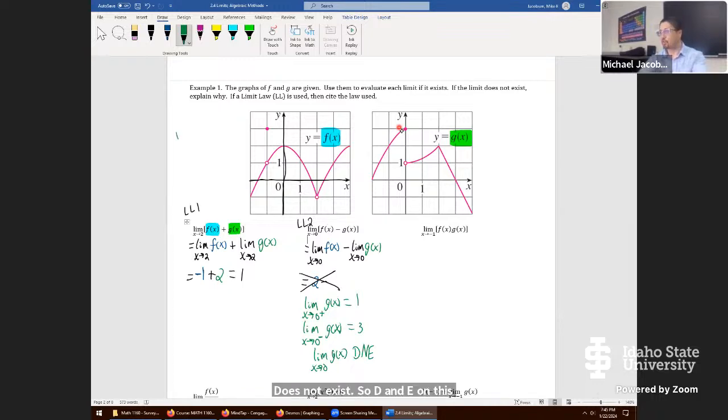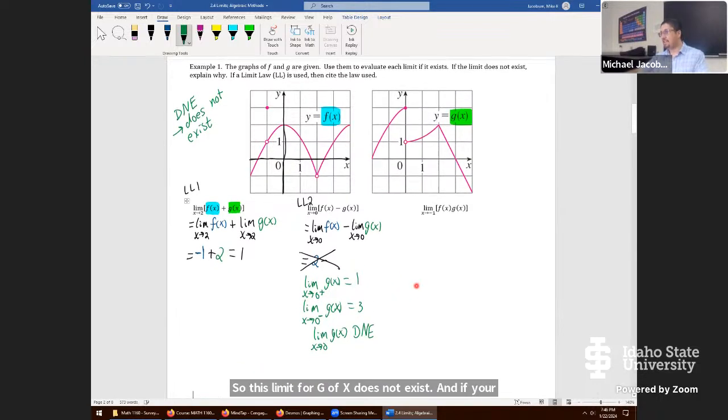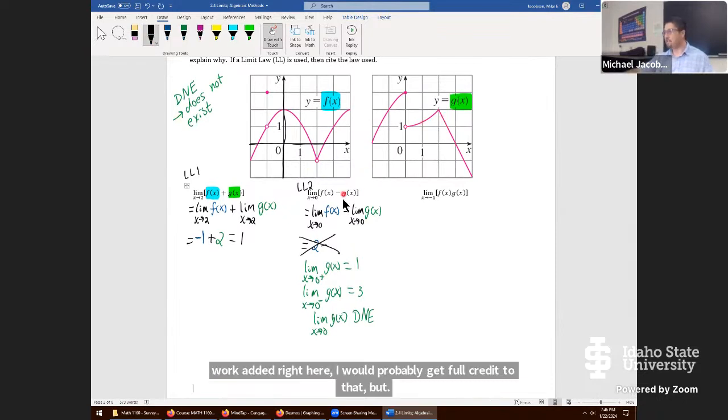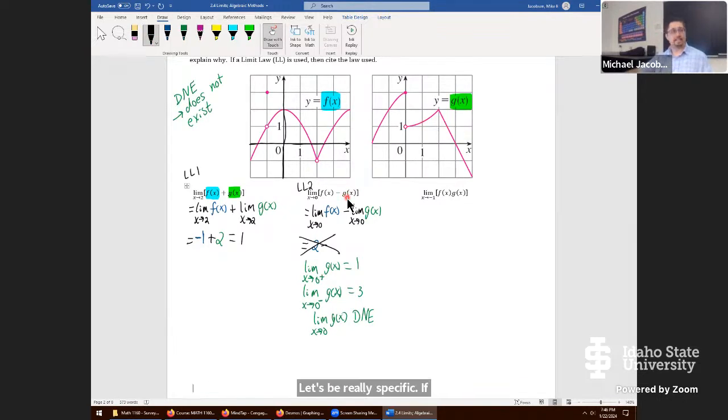Let's define it here just for a quick reminder. So this limit for g of x does not exist. And if your work ended right here, I would probably give full credit to that, but let's be really specific. If one part of your limit statement, say the g of x part, didn't exist, the entire statement that was written down does not exist.